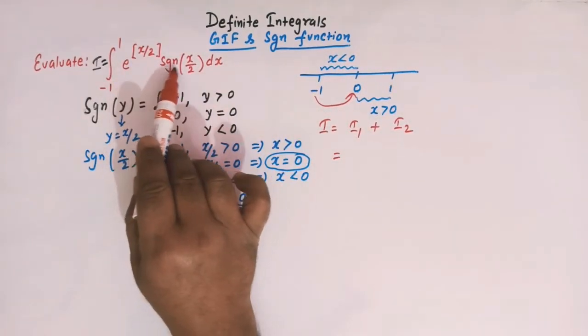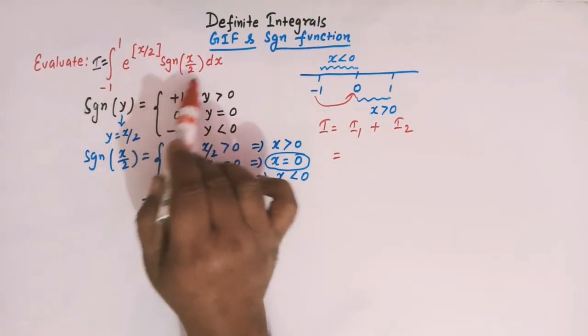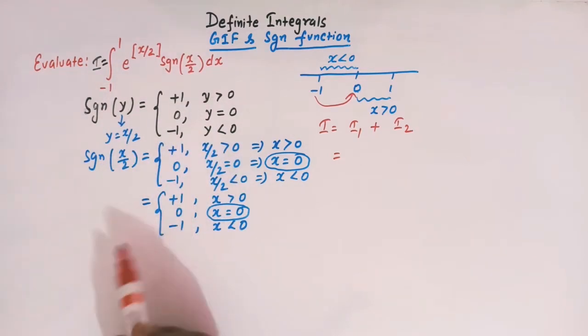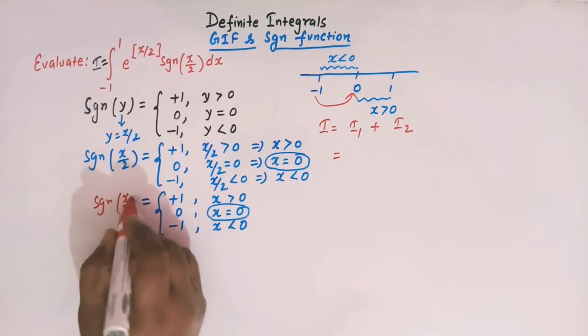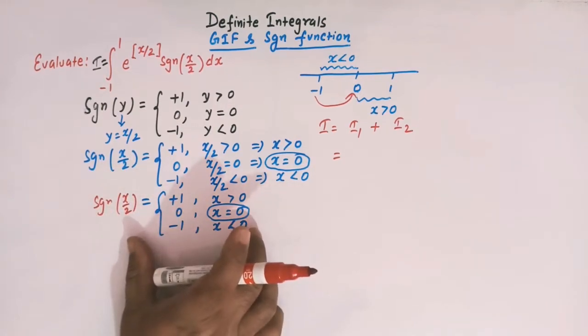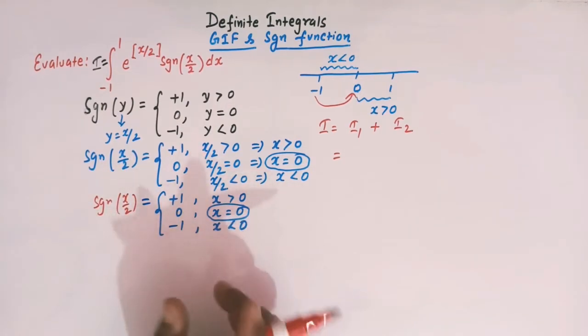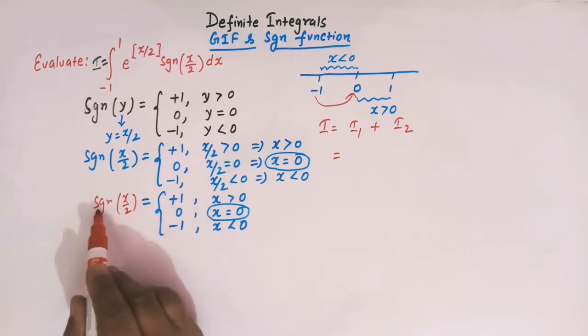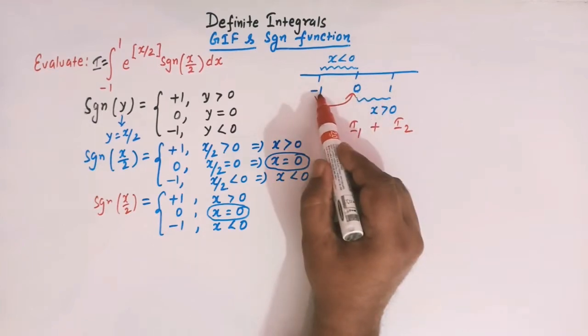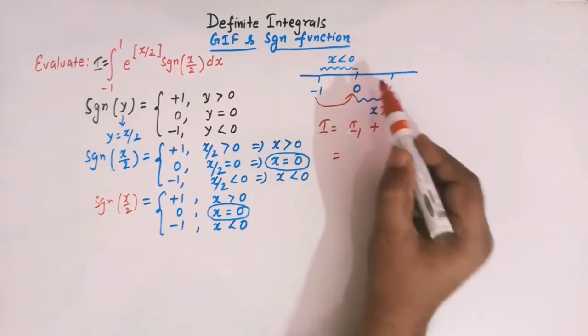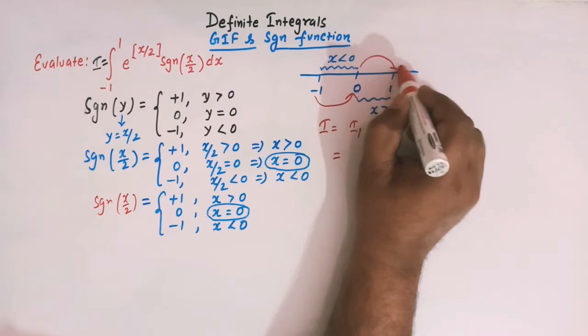Because here the signum of x over 2 is involved, and we have just defined signum of x over 2 like this. So we'll use this definition to decide the value of signum of x over 2 in these two intervals, that is from minus 1 to 0 and from 0 to 1, right?